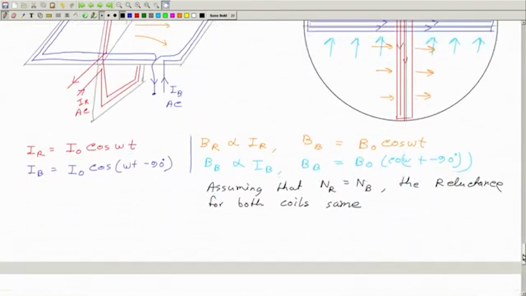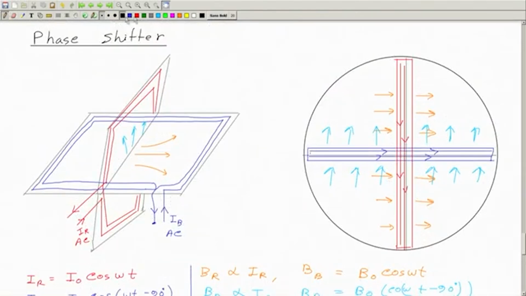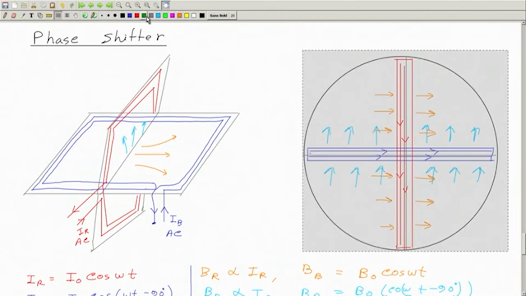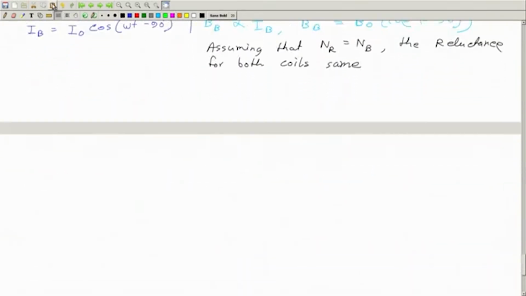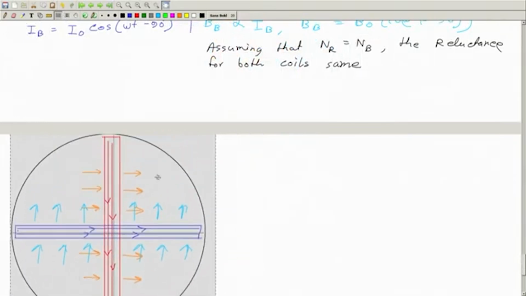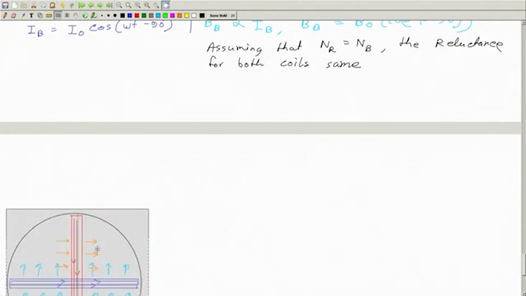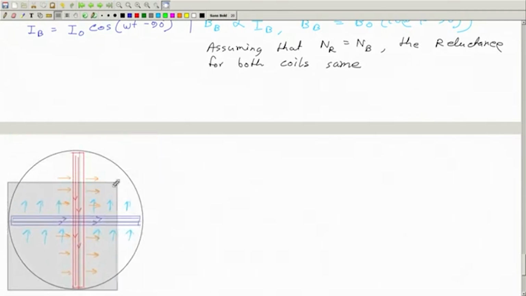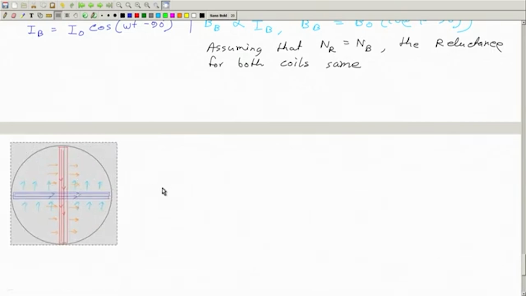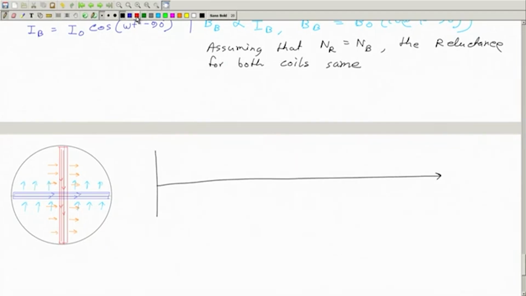So for that, let me first draw the two currents, IR and IB.